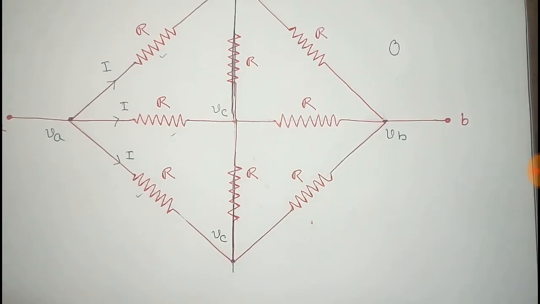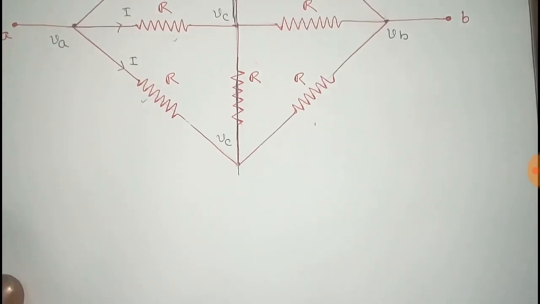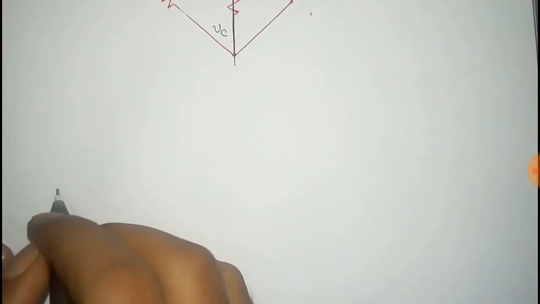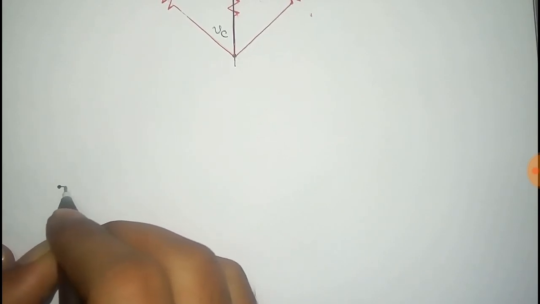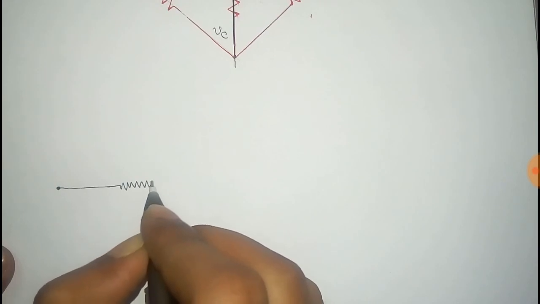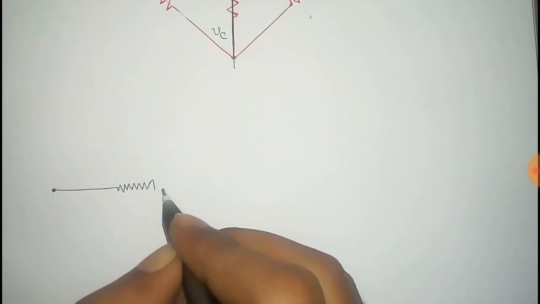Now for these shorted resistances, you have to draw the equivalent circuit, and this time we short the resistances which have no potential drop.